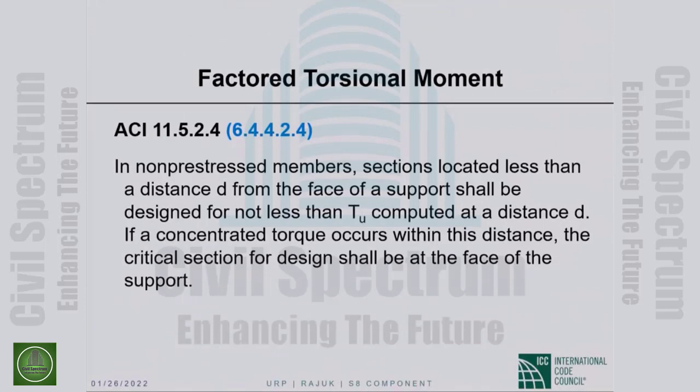In non-pre-stressed members, sections located, this is like the critical section for shear. So in non-pre-stressed members, sections located less than a distance d from the face of a support shall be designed for not less than T sub u computed at a distance d, etc. So all of that tells you that the critical section for torsion is a distance d away from the support face, unless there is a concentrated torque applied within that d distance, in which case we back the critical section off to the support face.